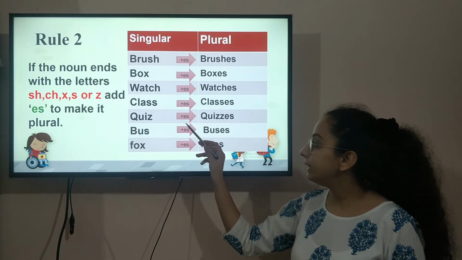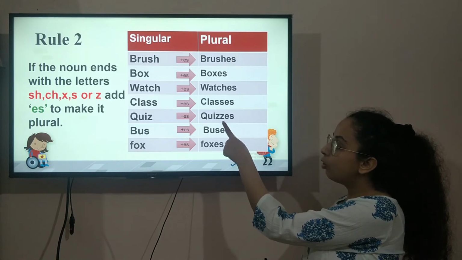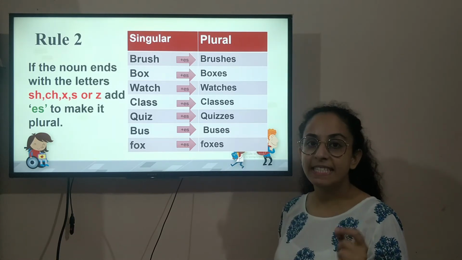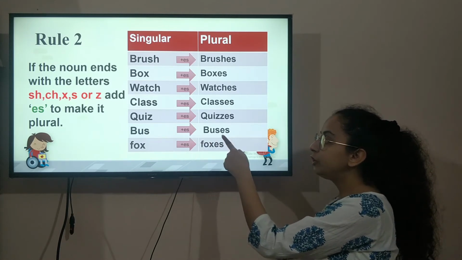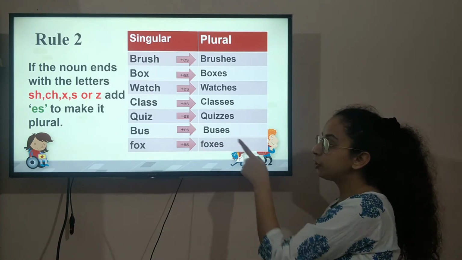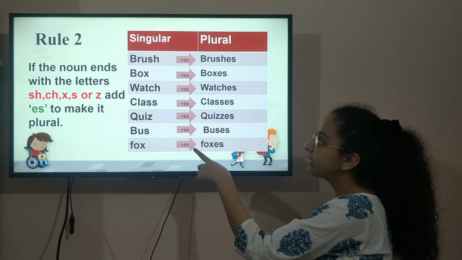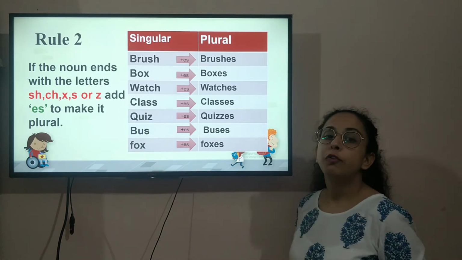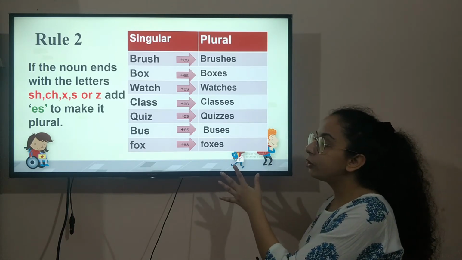Quiz, in this word we are adding not only es, we are also adding one more z to it. Okay, bus, by adding es we will change it into buses. Fox, by adding es we are changing it into foxes. Okay, so this is the second rule.